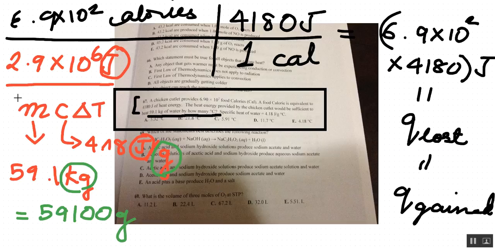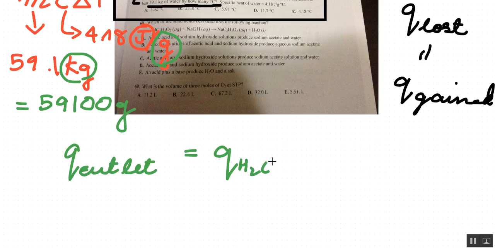So now what's going on? We're just going to scroll down a little bit, and here's our equation. Our equation is that the energy, and I forgot what that number was, hold on, it's 2.9 times 10 to the 6. Energy given by the cutlet, so Q cutlet, is the energy gained by the water, correct? Now Q cutlet is 2.9 times 10 to the power 6 joules.